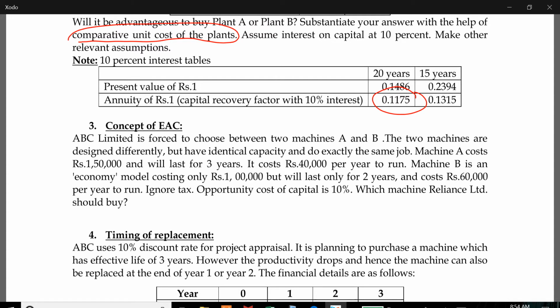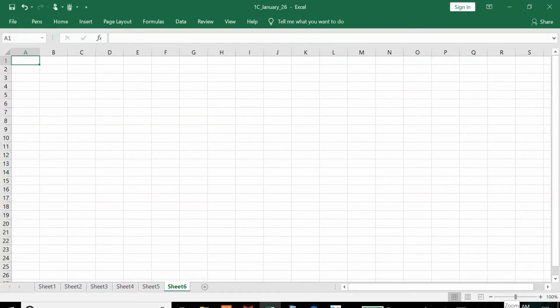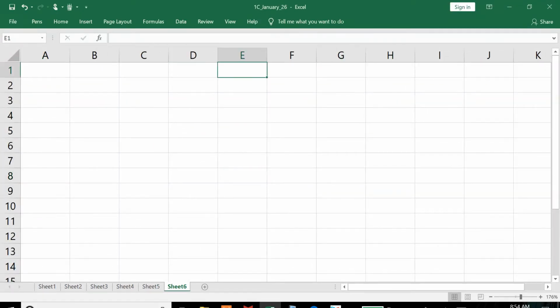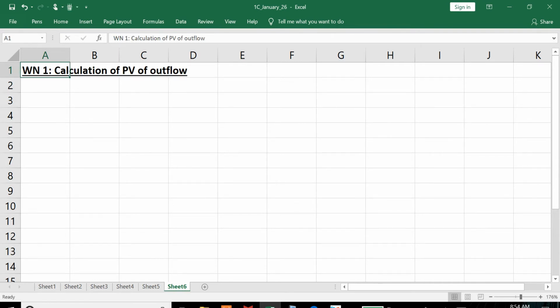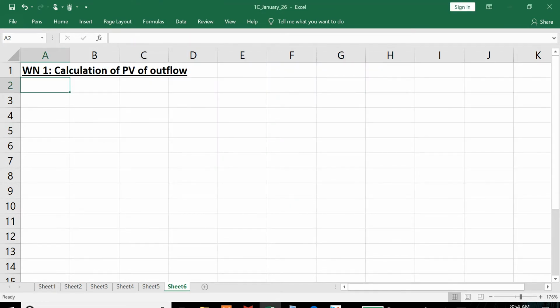Working note 1, calculation of present value of outflow.